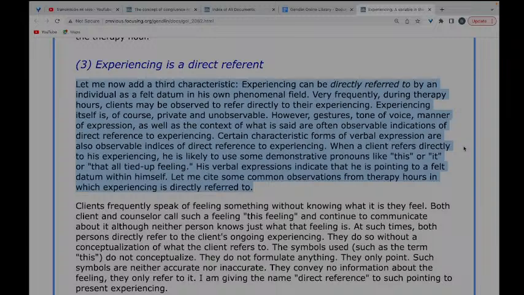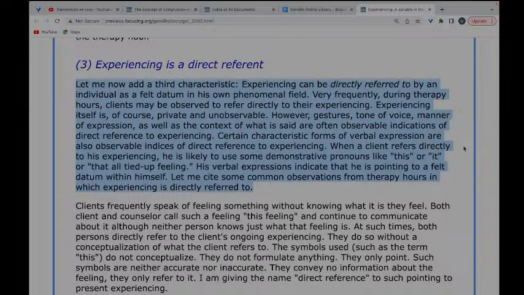So I think that paragraph is pretty straightforward, right? You have a feeling in your body. You're like, oh, that thing, that feeling that I have in my belly, or that feeling that I have in my chest. Even if you don't know how to describe it, you're referring directly to it.